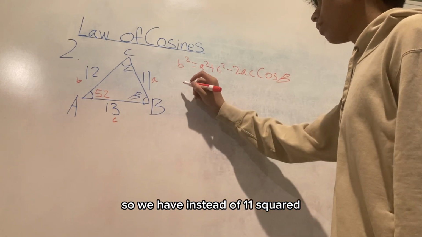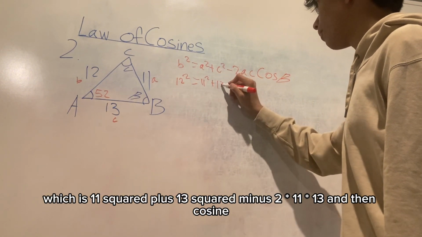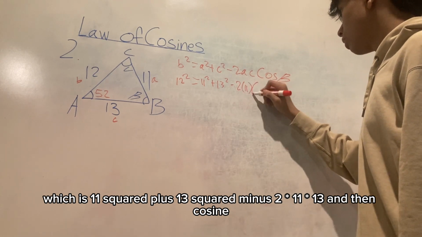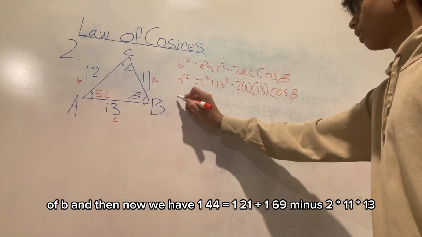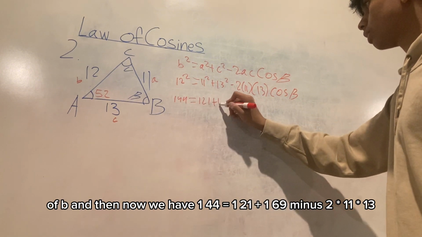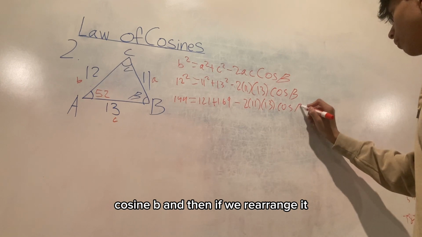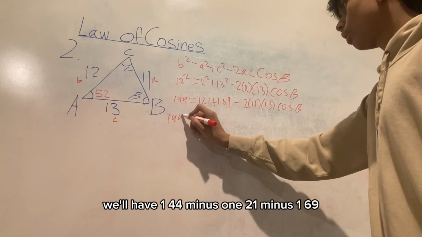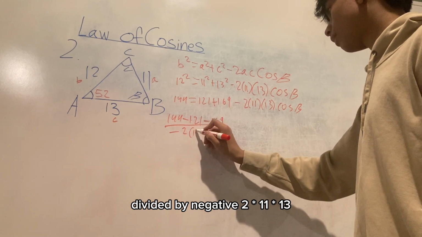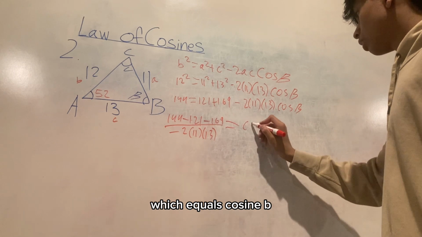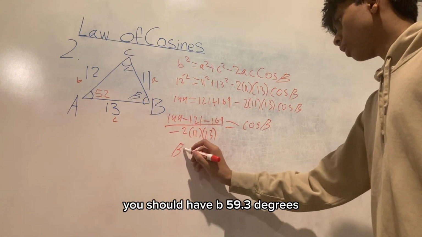Instead of 11 squared, we'll have 12 squared over here equals A squared, which is 11 squared, plus 13 squared minus 2 times 11 times 13, and then cosine of B. And then now we have 144 equals 121 plus 169 minus 2 times 11 times 13 cosine B. And then now if we rearrange it, we'll have 144 minus 121 minus 169 divided by negative 2 times 11 times 13, which equals cosine B. And then now, if you plug this into your calculator, you should have B as 59.3 degrees.